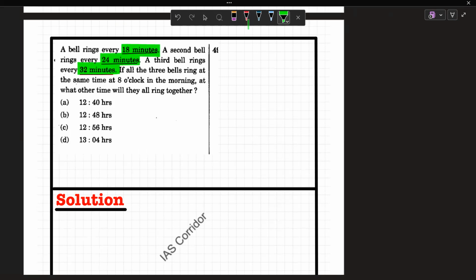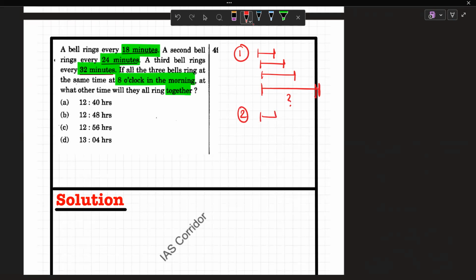If all the 3 bells ring at the same time at 8 o'clock in the morning, at what time will they all ring together? Question number 1, 40 steps, 42 steps, 45 steps. After how many steps will they meet together?